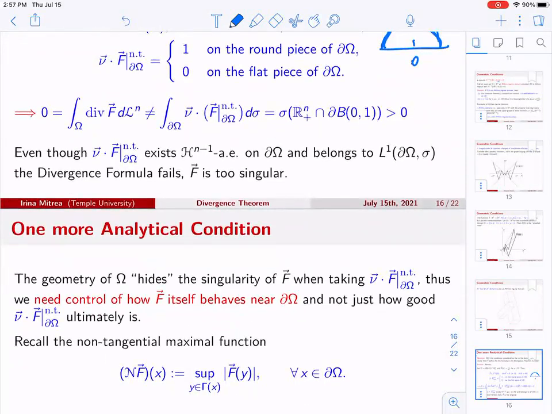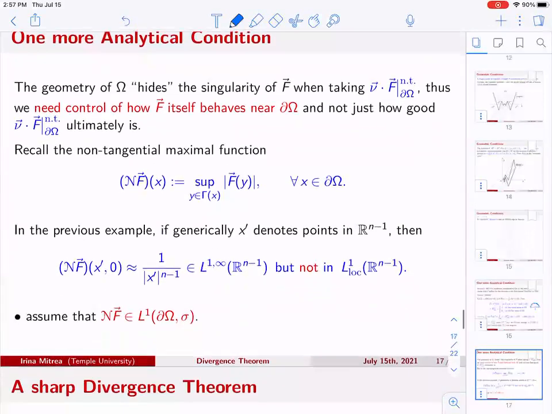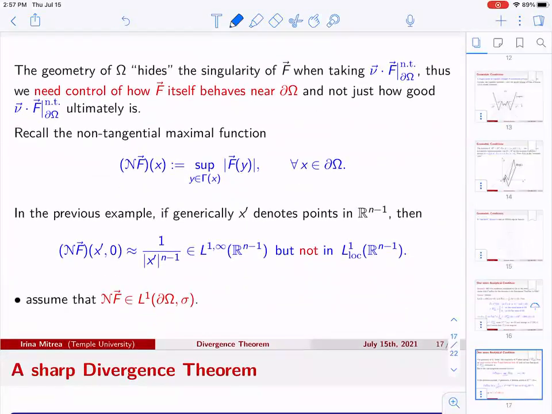The problem here is that even though nu dot F exists sigma almost everywhere on the topological boundary and belongs to L1, the divergence formula fails because the vector field F is too singular. The geometry of the domain omega hides the singularity of F when taking this inner product. And thus, we need to control how the vector field itself behaves near the boundary of the domain, not just how good the inner product is.